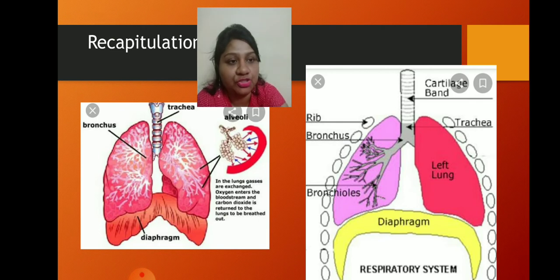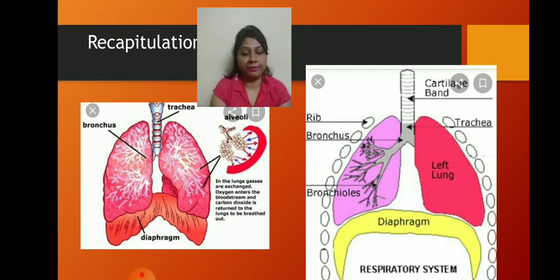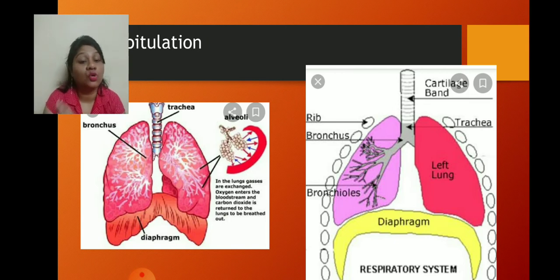Let's recapitulate once again. In this session we learned about the lower respiratory tract. It starts from the trachea, or windpipe. The trachea divides into bronchi. One goes into the right side of the lungs, another goes into the left side of the lungs. Bronchi divide into the bronchioles.